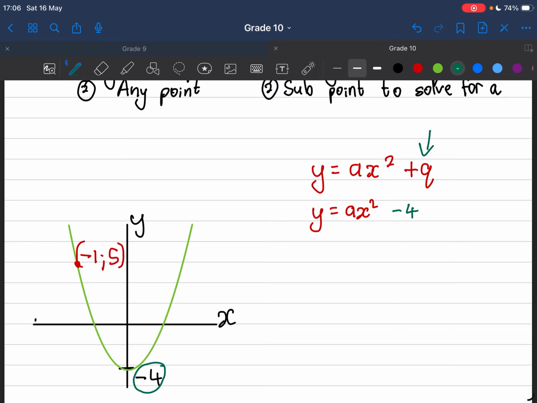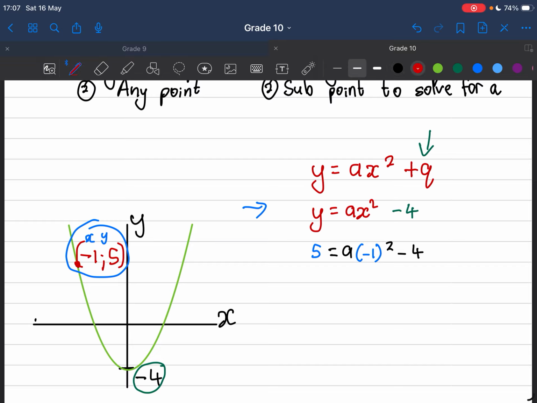The second part says to take your point, which is this here, and substitute it into that. Now, this is an x and this is a y value. So it's 5 for your y value. 5 is equal to a, and in place of x, we're going to have negative 1 squared, minus 4.